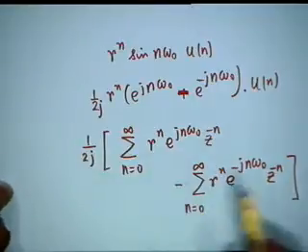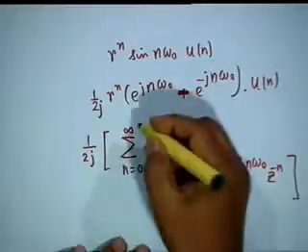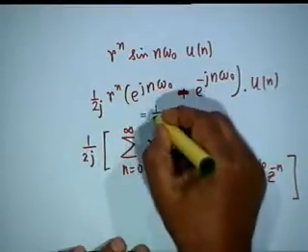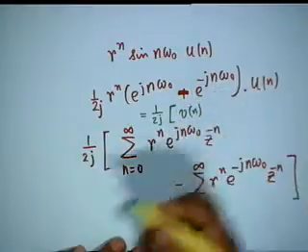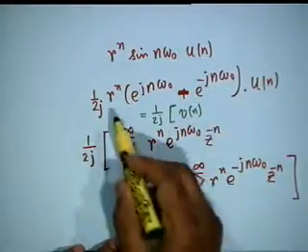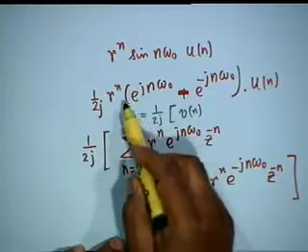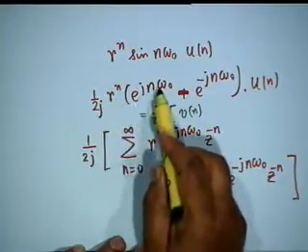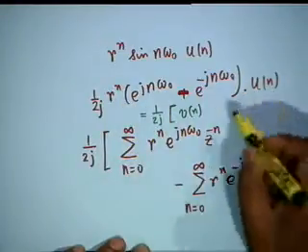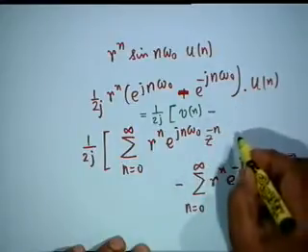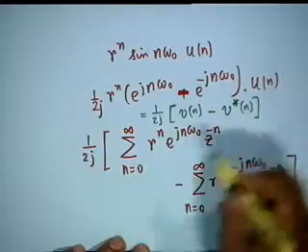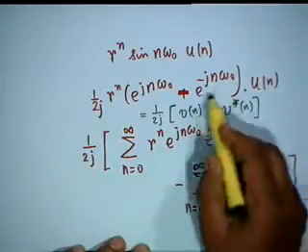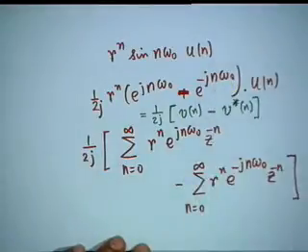In other words, we could write this as 1 over 2 j some sequence v of n, where v of n is r to the n e to the j n omega 0 u n, minus v star of n, right, because here the only change is e to the minus j n omega 0.